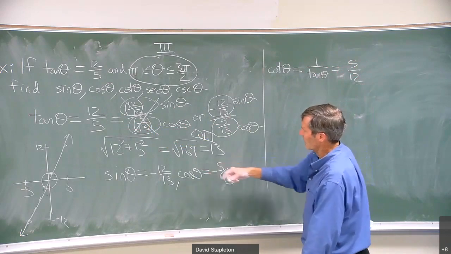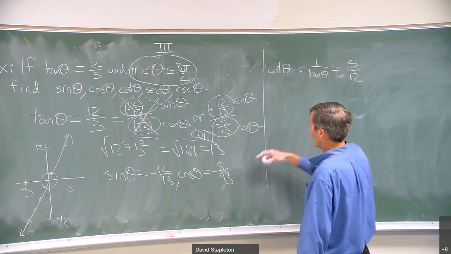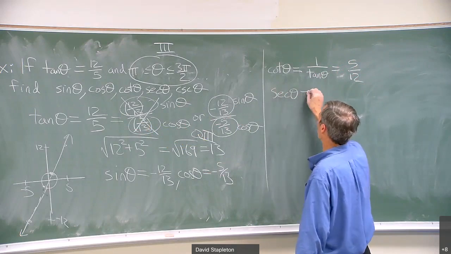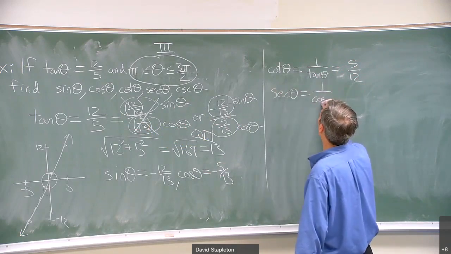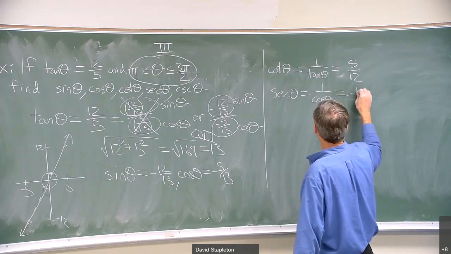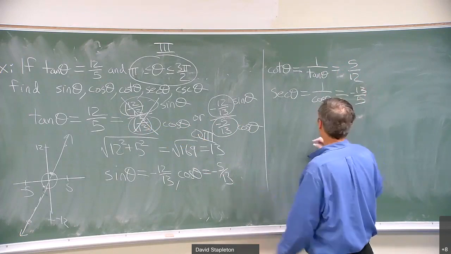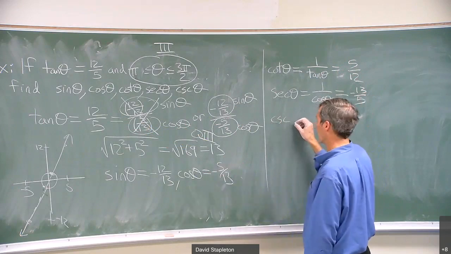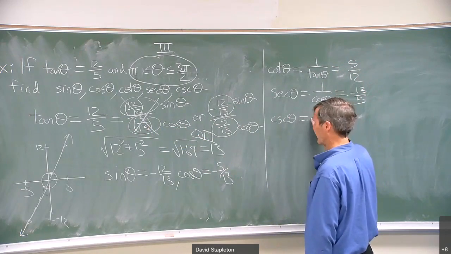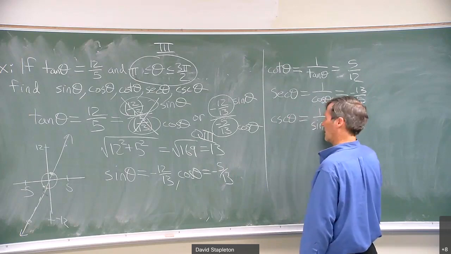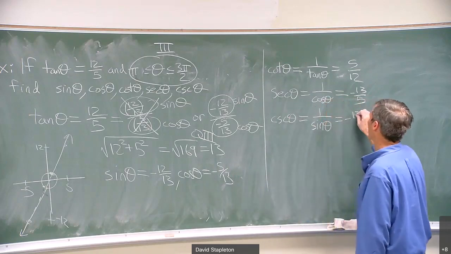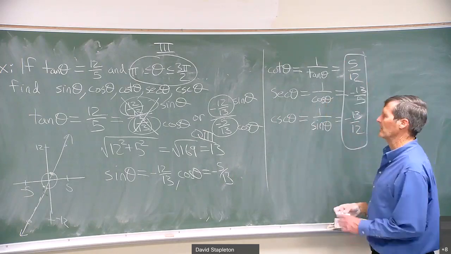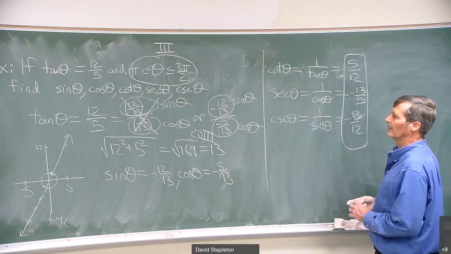If cosine was minus 5/13, secant, being its reciprocal, is minus 13/5. Just turn this fraction upside down. If sine was minus 12/13, cosecant must be that one upside down, minus 13/12.